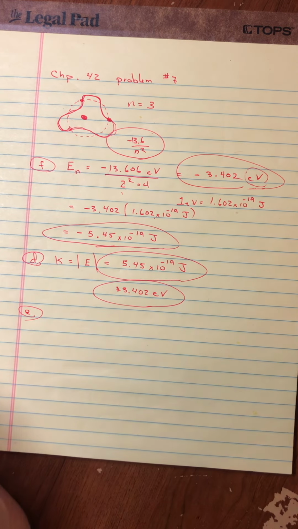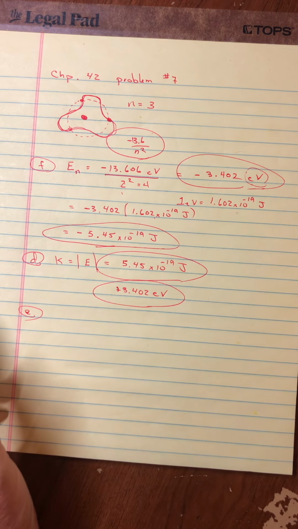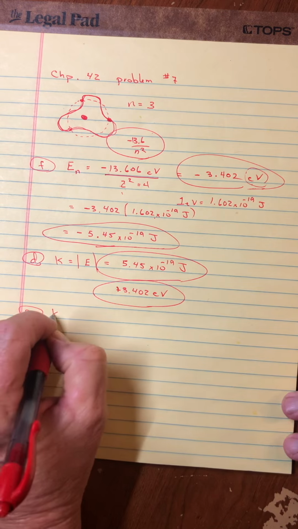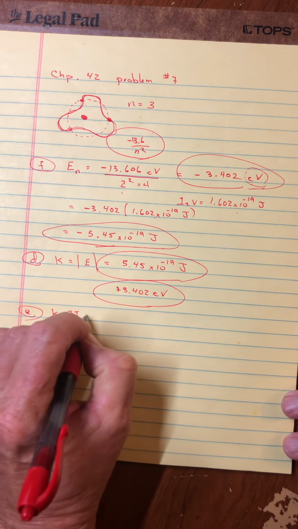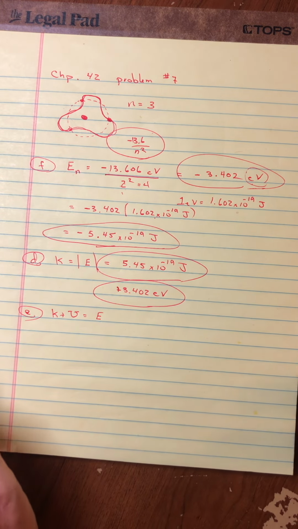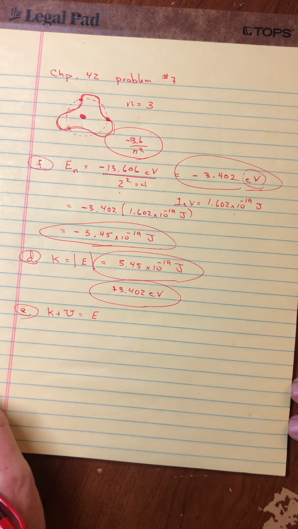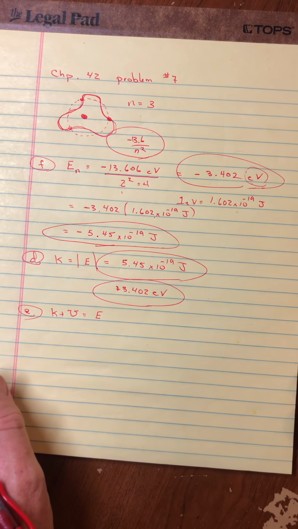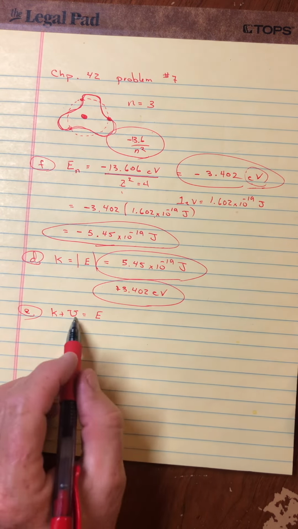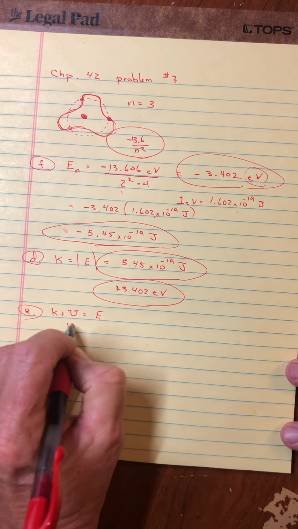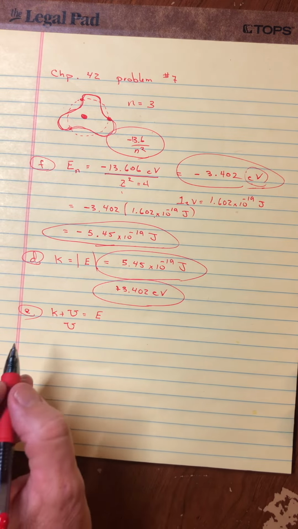And then E, the last one, which is the potential energy, is also very easy because we know kinetic energy plus potential energy is equal to total energy. And as we already said here, the total energy is a negative of the kinetic.